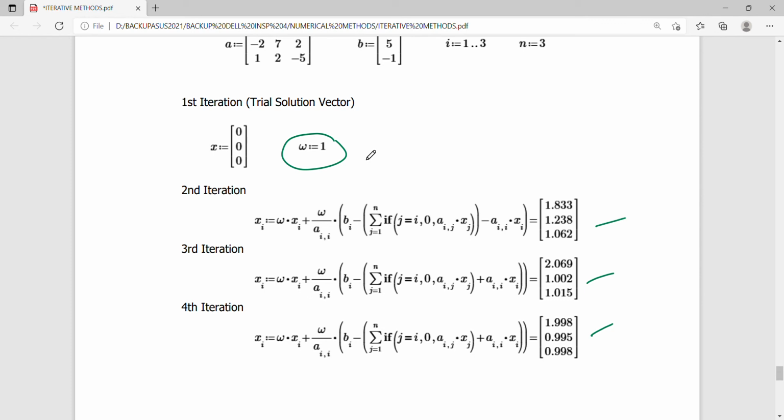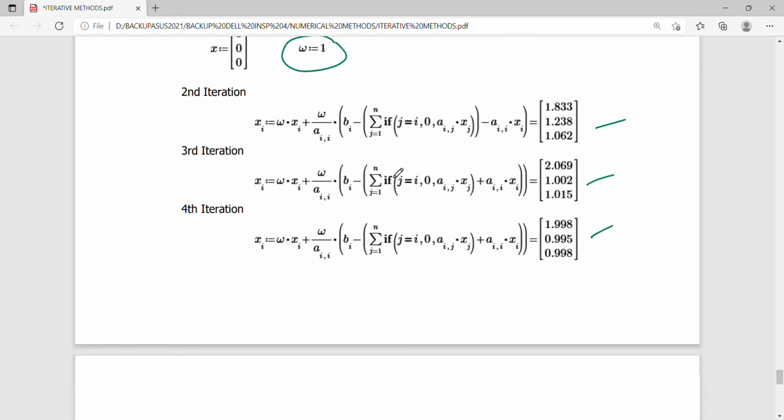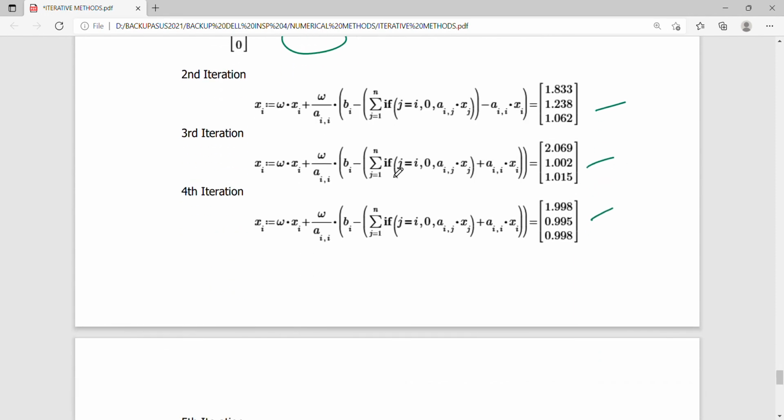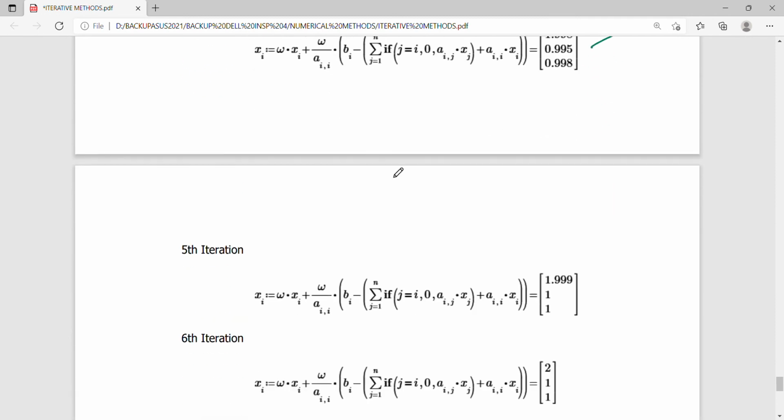So as an exercise, I left this to the students to substitute a value less than or greater than 1 and observe how the convergence will take place by changing the value of omega.